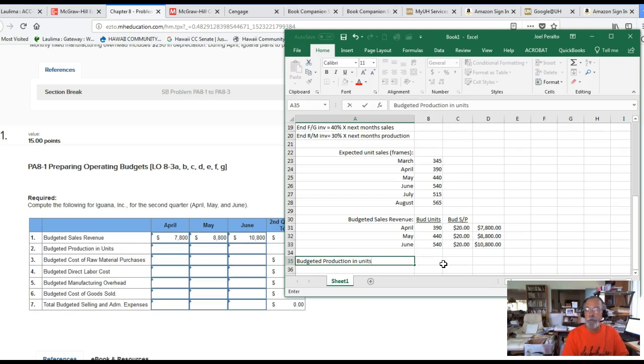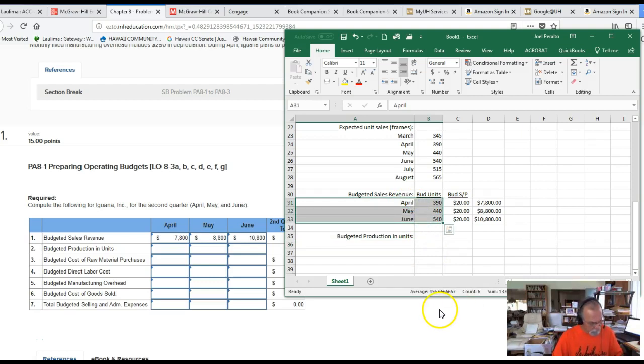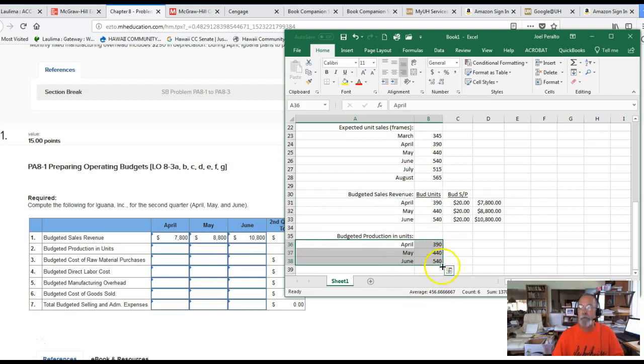So we need to start with budgeted sales for the month in units. I think if we copy this information as a starting point, that would work.